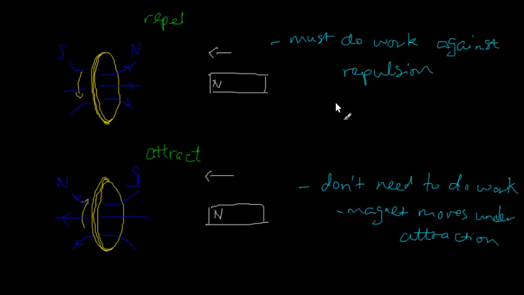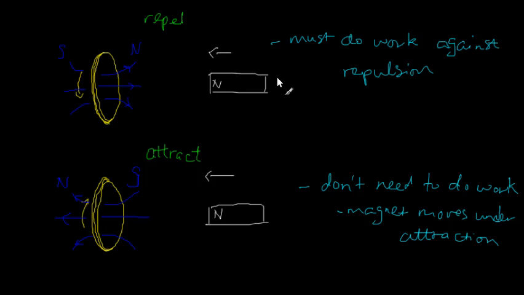Okay, now if we look at these two, think about these two in terms of the conservation of energy. In both cases, the current here is induced because this magnet moves towards the loop. Now, the electric current is electric energy. So electric energy here is being generated. Now we have to ask the question, where does this energy come from?